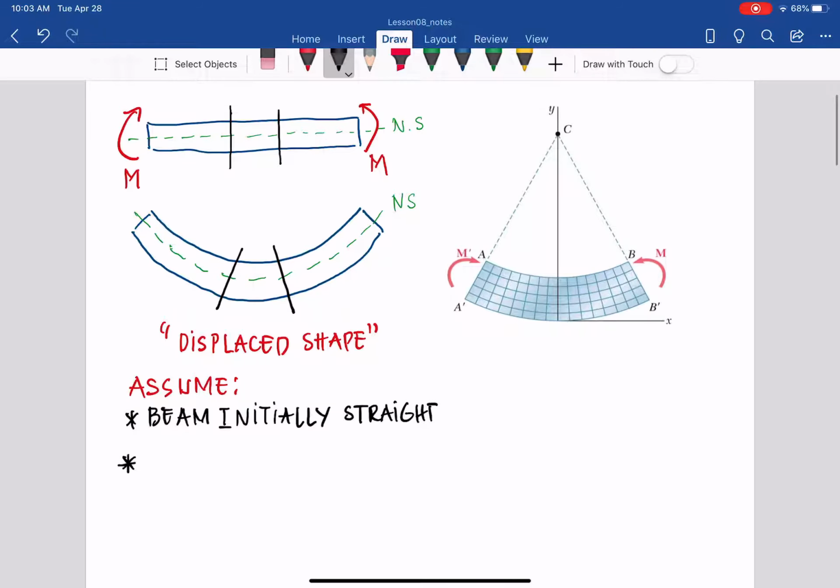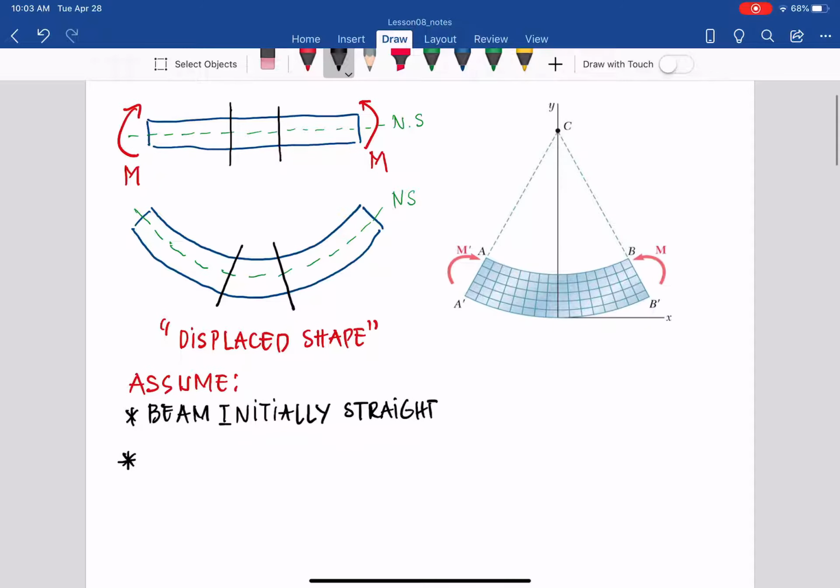The second assumption we need to make is plane sections remain plane, so no distortion on the section. Plane sections remain plane before and after the bending moment is applied.